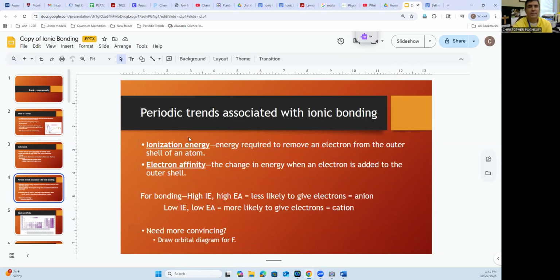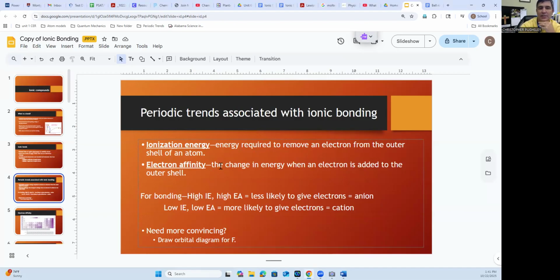Trends on the periodic table. These trends almost help show why they do these types of bonding. Ionization energy is the energy required to remove an electron from the outer shell.